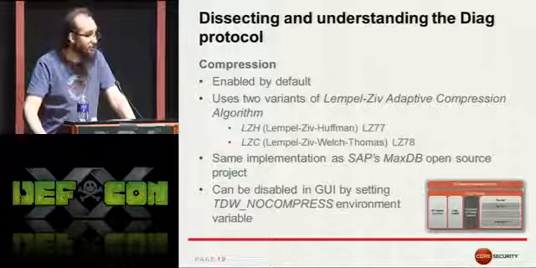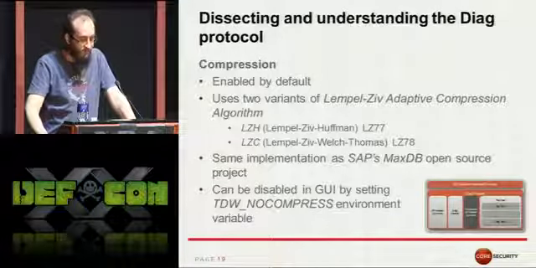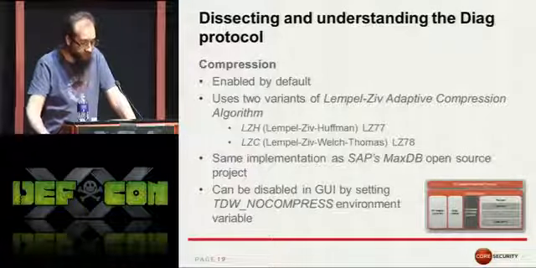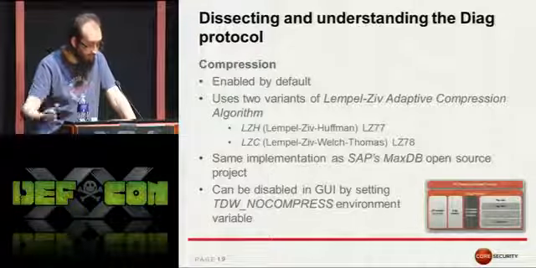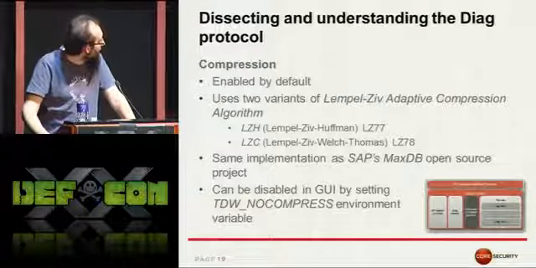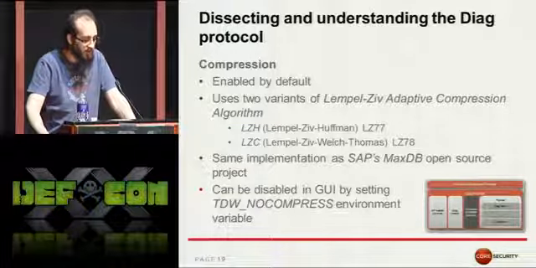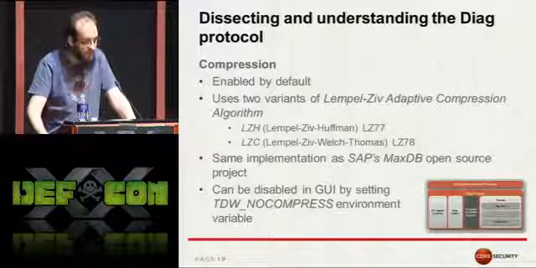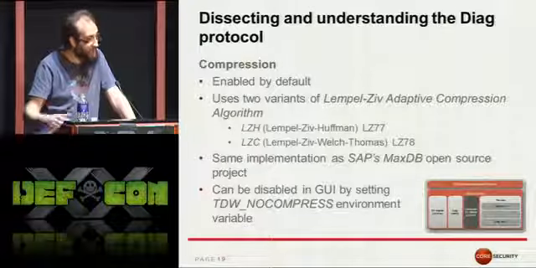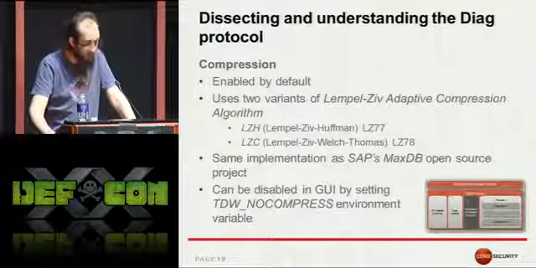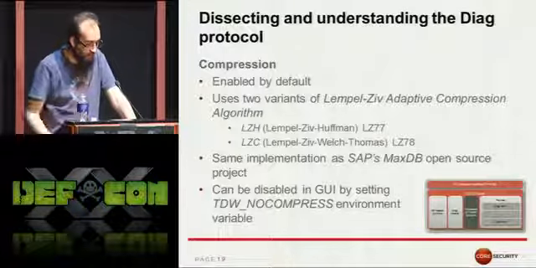It uses two different variants of the Lempel-Ziv compression algorithm, LZ77 and LZ78, and it's the same implementation as the MaxDB open source products. So this code is available, and one interesting thing is that it can be disabled in the GUI application by setting a special environment value.